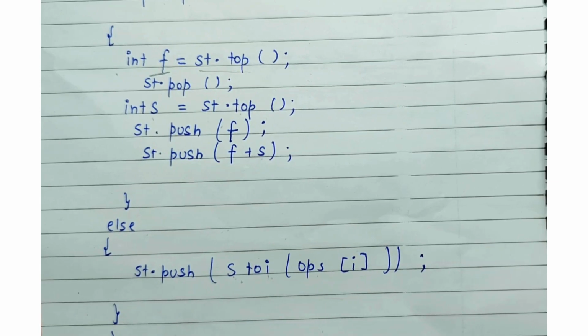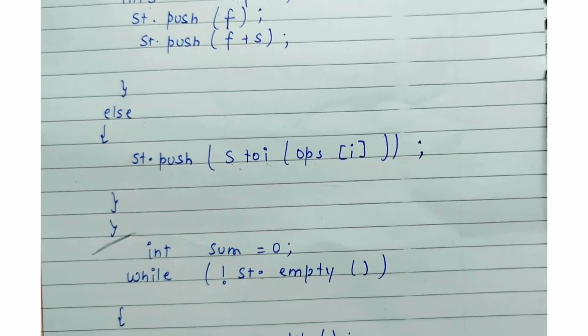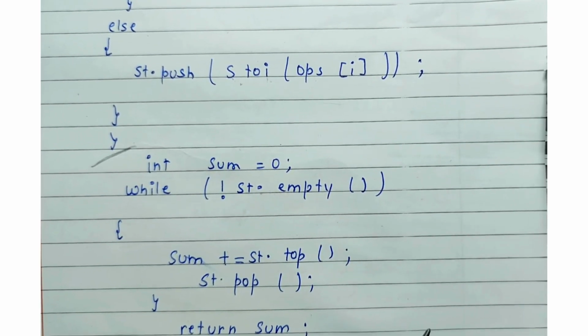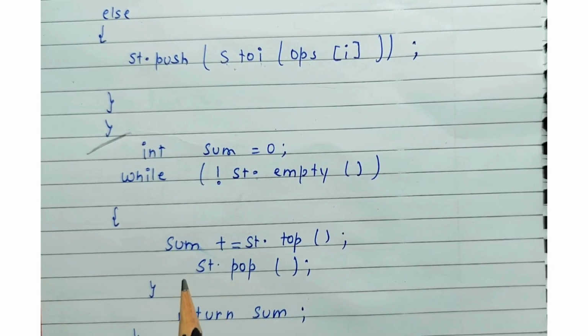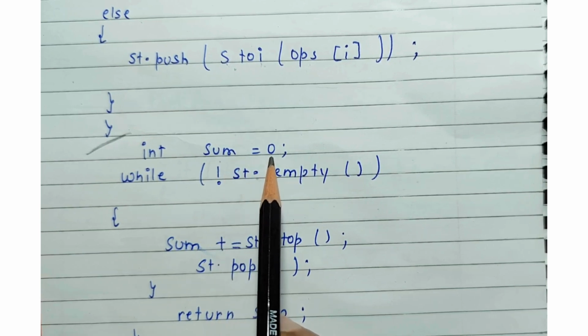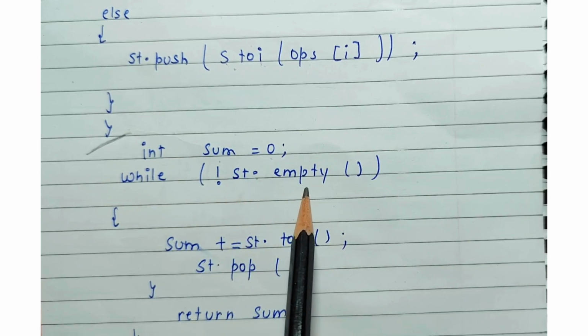So after completing this for loop, what we have to do, we have to return the sum of all the records. So for returning the sum, I declare a sum variable and I initialize sum with value 0, and here we implement a while loop while stack is not empty.